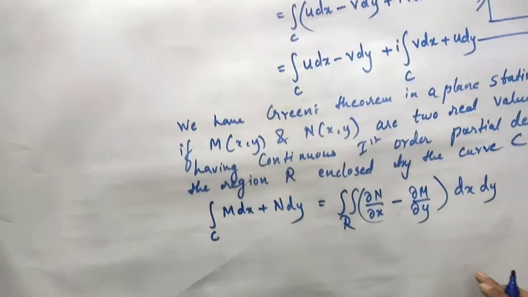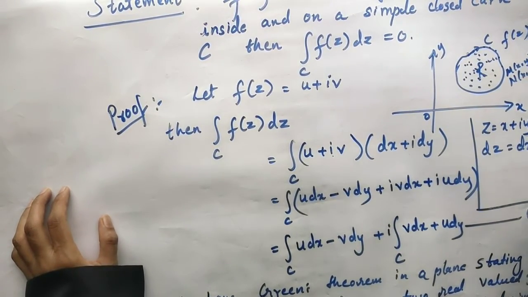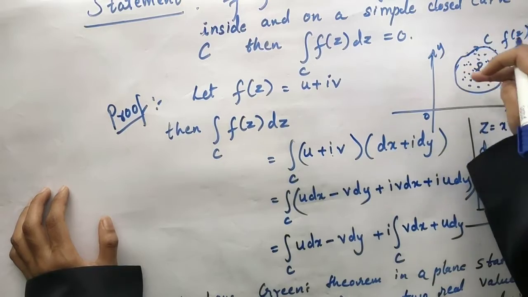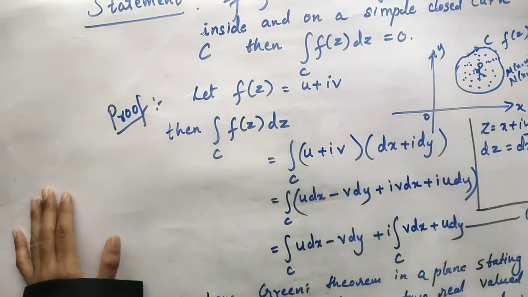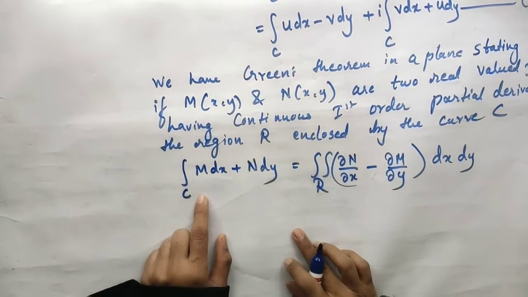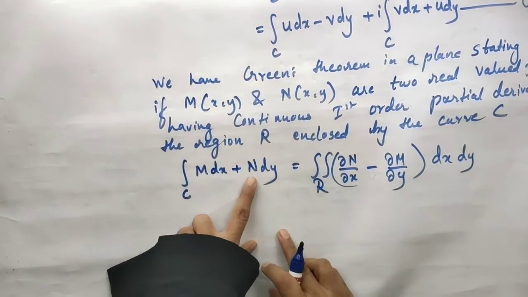So what it says, if you have two real valued functions M of xy and N of xy with continuous first order partial derivatives defined in the region R enclosed by the closed curve C, then by Green's theorem we have the integration over the curve C, M dx plus N dy. M is the first function, N is the second function.